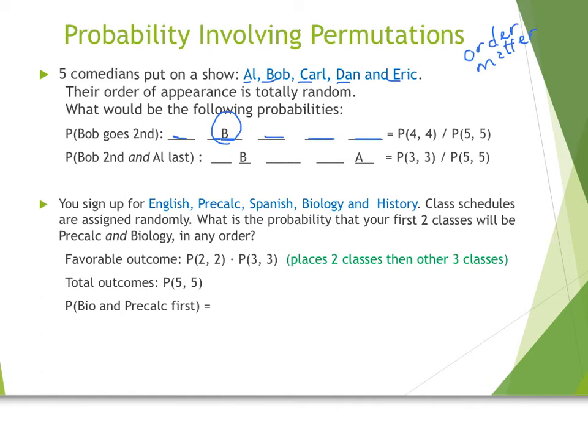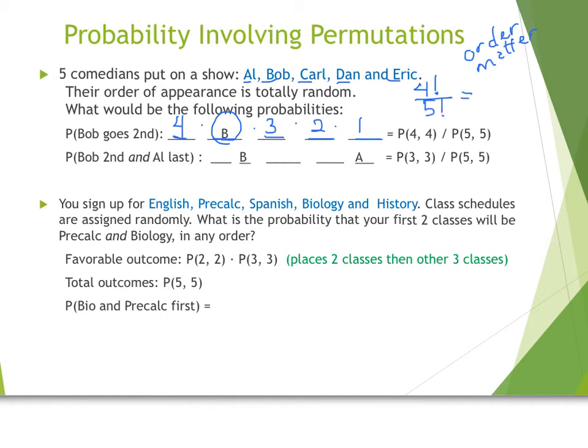So in this first place, we have 4 possibilities. In the third place, we're now left with 3 possibilities, then 2 possibilities, then 1 possibility. So that means that what we really have for a success is 4 factorial over the total sample space, which is how many different ways can we permute those 5 people, is 5 factorial.